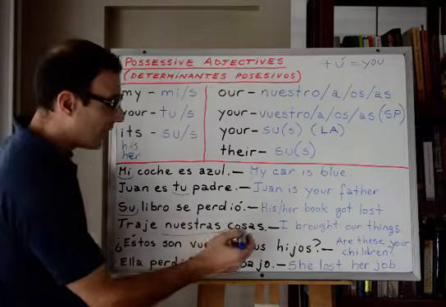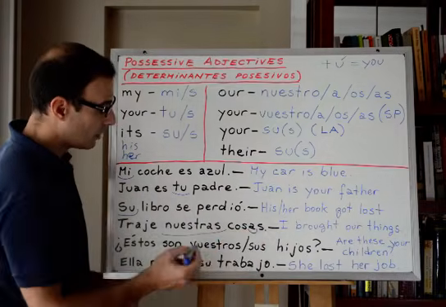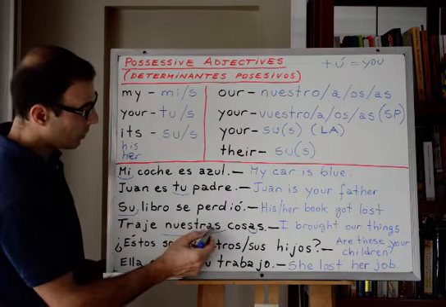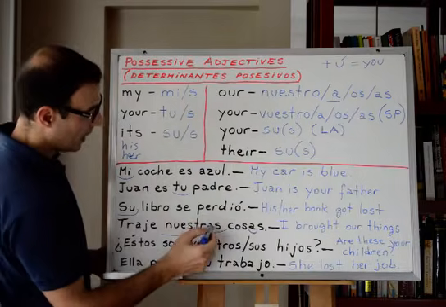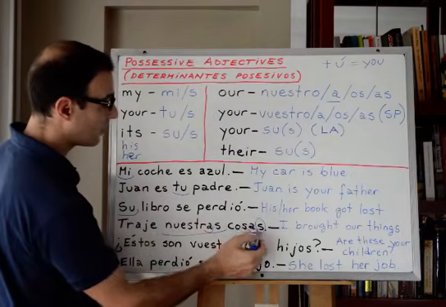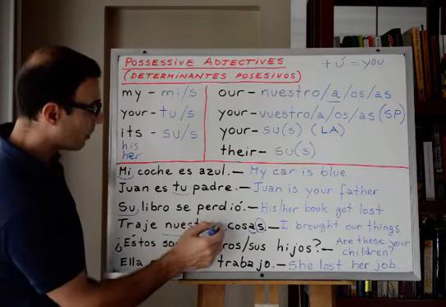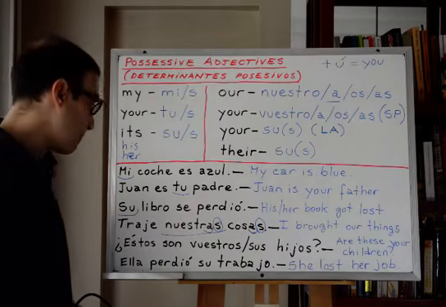Cosas for things is feminine because it is a noun that ends in A. So we use nuestras in the feminine. And since it is plural, because it ends in S, we also pluralize the possessive adjective, okay?